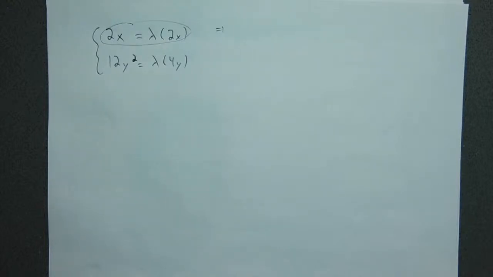When can that happen? Someone asks, so we're solving for lambda? Not really. We're solving for x and y here. The lambda is kind of just an obstruction to us solving for x and y. It's some real number.